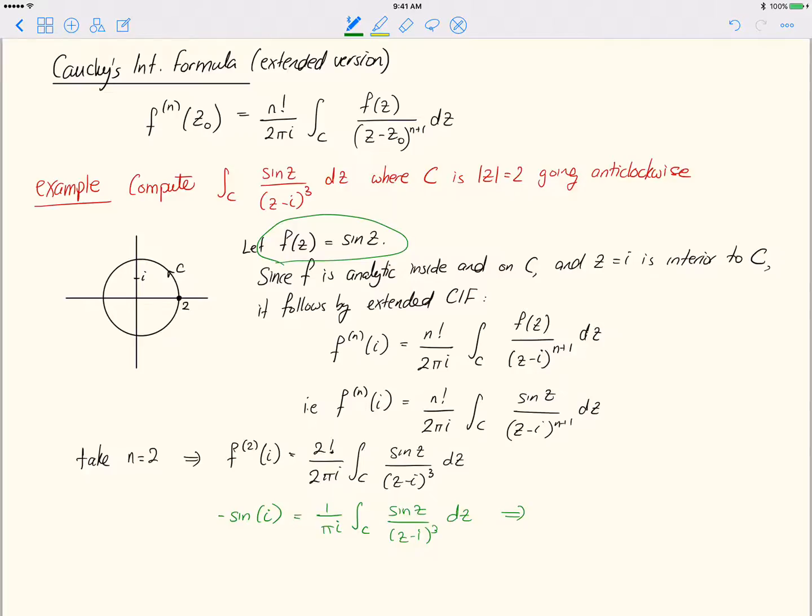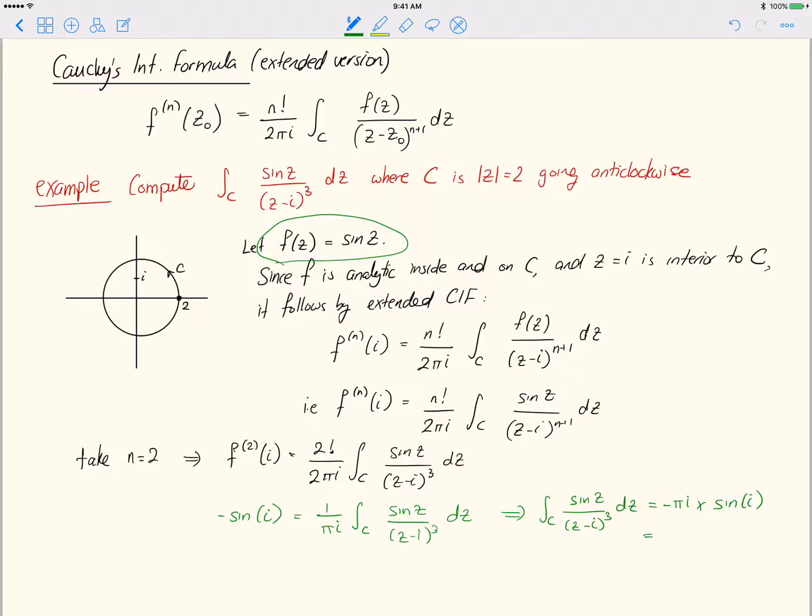And now I just rearrange. So I'm going to get negative pi i times sine of i, right?